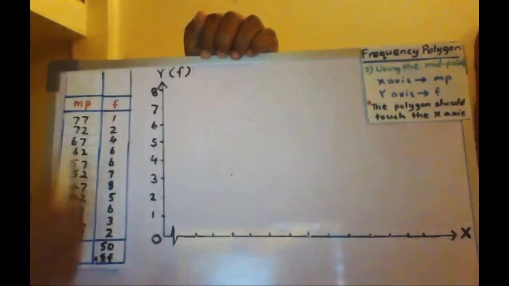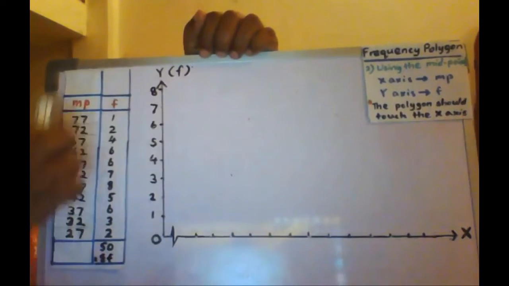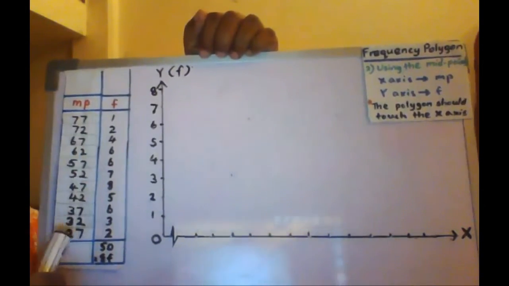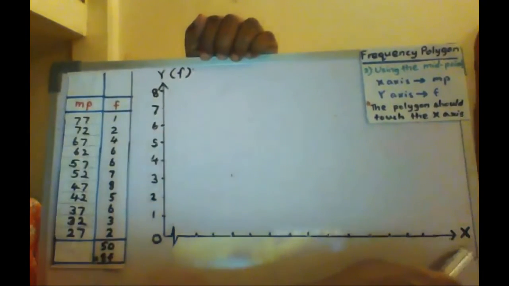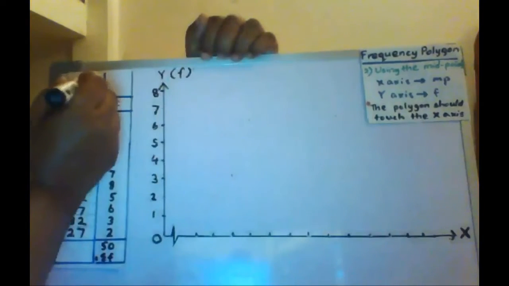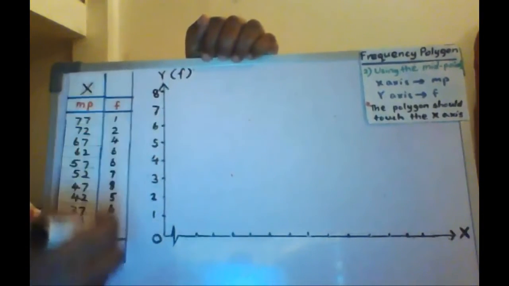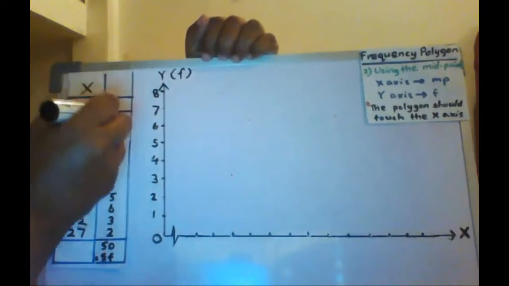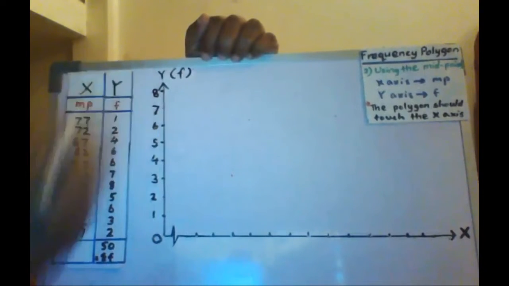What are these midpoints? Marks or students? Real limits, row limits, midpoints, all these are marks. So the marks come on the x-axis, right? So this is our x-axis. And frequencies are the students. So frequencies, the students, they come on the y-axis.